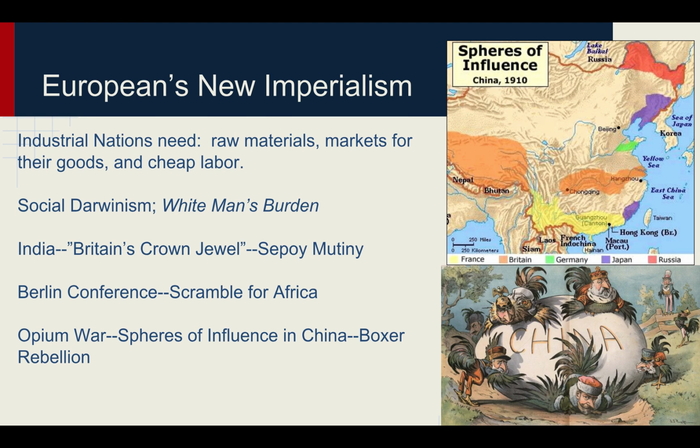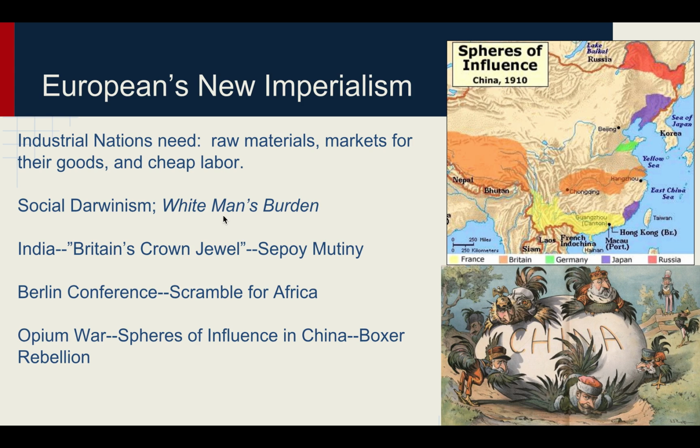Europe is going to undergo a huge transformation as well because of industrialization. Industrial nations always need raw materials, markets for their goods, and cheap labor. And so during this time period, this belief starts to occur of Europeans believing in something called social Darwinism, which is a belief that Europeans are the best of the human race and the most fit, and therefore should overtake other areas and use and abuse those areas for their economic benefit.